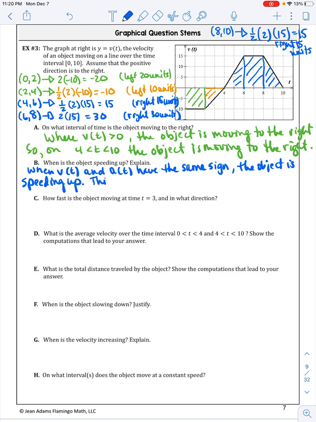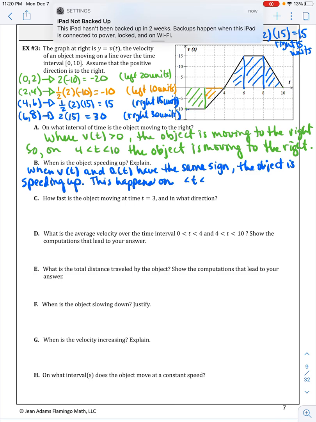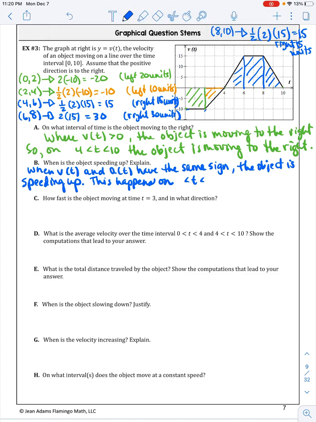This happens on the t interval from, now let's think about it. Your velocity is negative, your acceleration is 0, from 0 to 2. Your velocity is negative, your acceleration is positive because the slope is positive from 2 to 4.